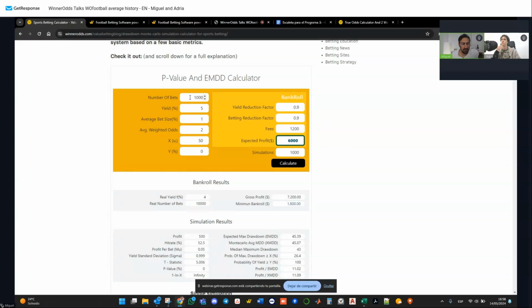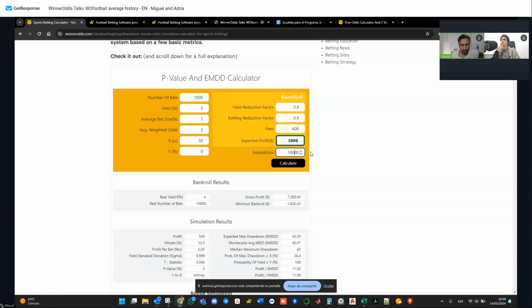For example, if we had a tipster with 1,000 bets per year and 12 months at 50 euros, then the total cost at the end of the year will be 600. And if I intend to win, for example, 3,000 euros, that is more or less 5 times the fees.